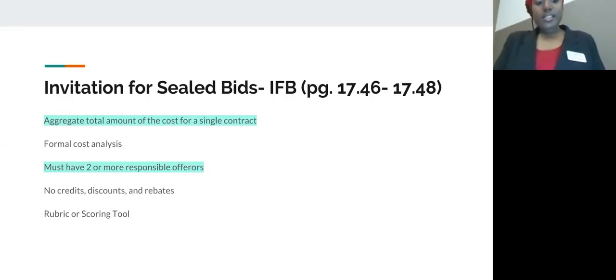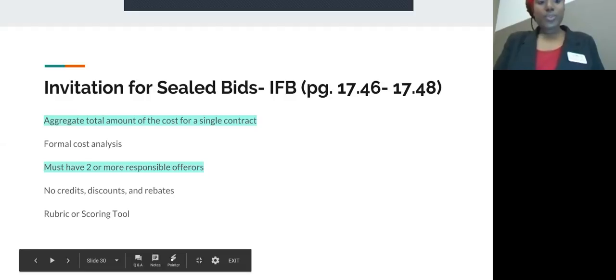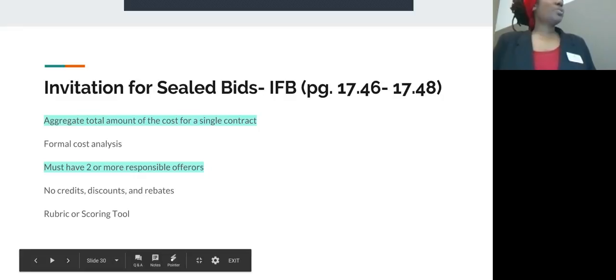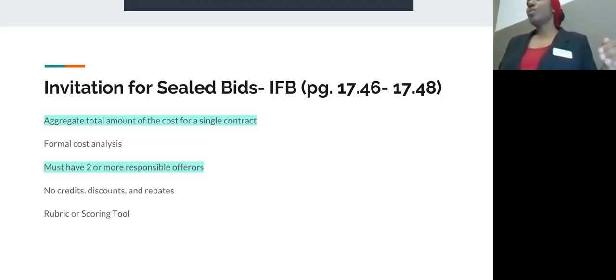As well as, from this standpoint, doing a rubric or scoring tool. This has been brought up frequently too. Well, how can I evaluate to determine which product or service is truly best for me? It would be this rubric or scoring tool that lists out all of your specifications according to the priorities you have set.